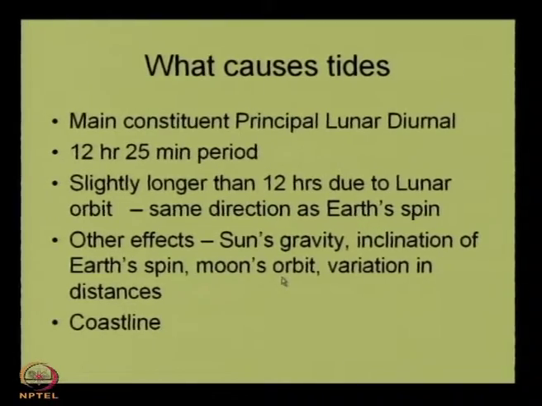So, if the picture were as simple as what I first told you, just the moon causing the tides, you would have a 12-hour 23 minutes tide everywhere, but there is also the sun which causes it to vary from time to time, and the orbits are inclined. Further, it is also influenced by the coastline. The coastline is different in different places, and that also has an impact on the tides.